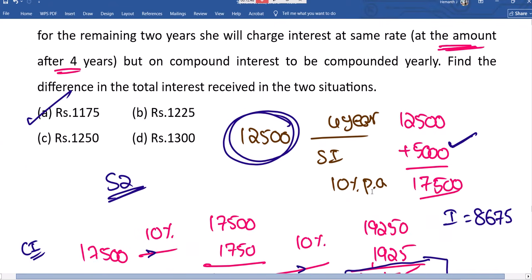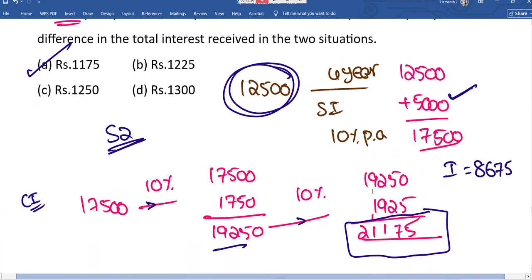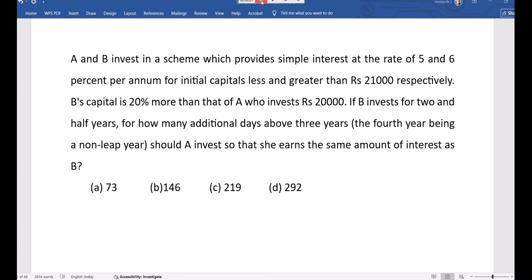So this is regarding simple interest, and we just started compound interest questions. We'll see things going forward. Check this question. A and B invest in a scheme which provides simple interest at the rate of 5% and 6% for initial capitals less than and greater than 21,000. One person less than 21,000, the other greater than 21,000, one with 5% per annum, the other with 6% per annum.